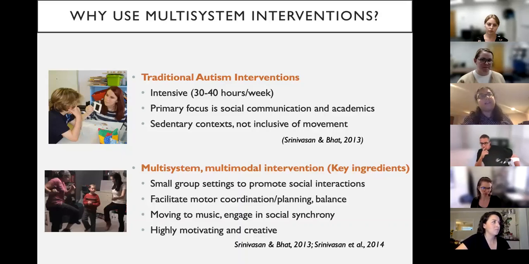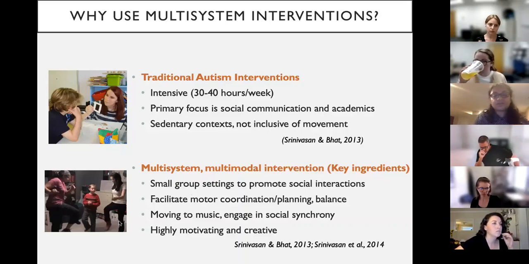The value, I thought, was that you don't only look at motor aspects, you could look at social communication, positive affect, positive behaviors. These were interventions where small group settings were used, and we were promoting social interactions, so imitation, communication, positive affect, positive behaviors, but also promoting a variety of motor skills.